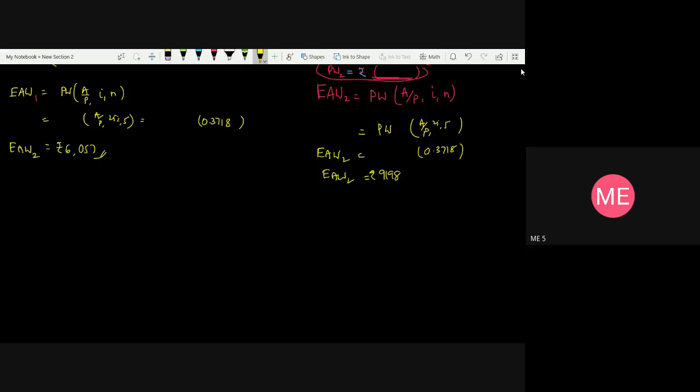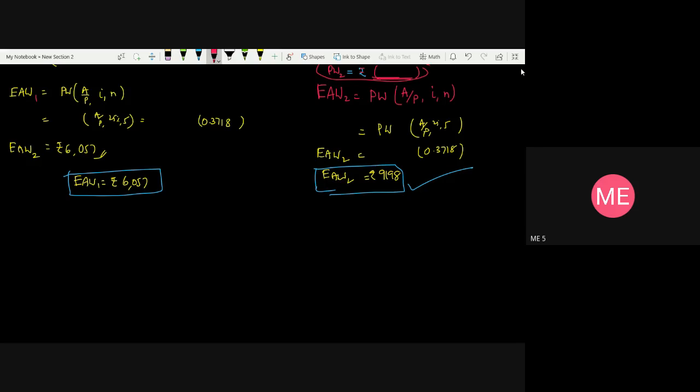And EAW1 is rupees 6,057. As we've seen, this is a revenue dominated cash flow diagram. So we look at which gives the more annuity among these two, and that will be selected. If you look at this, alternative 1 is giving only 6,000, and alternative 2 is giving 9,180.